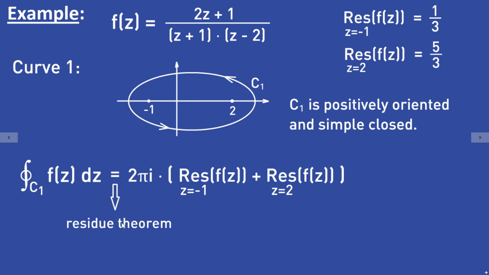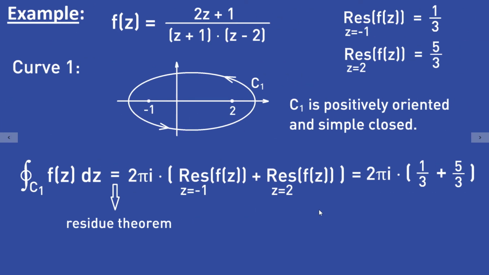The residue theorem tells us that this integral is equal to 2 pi i times the residue of f at the pole z equals -1 plus the residue of f at the pole z equals 2.